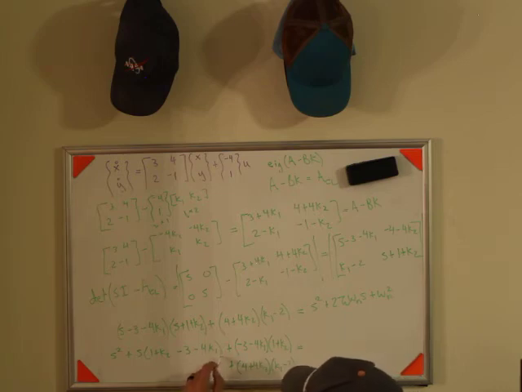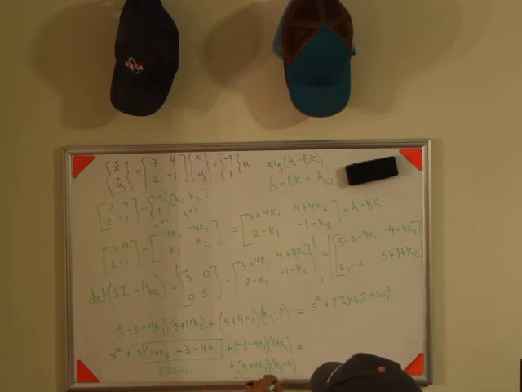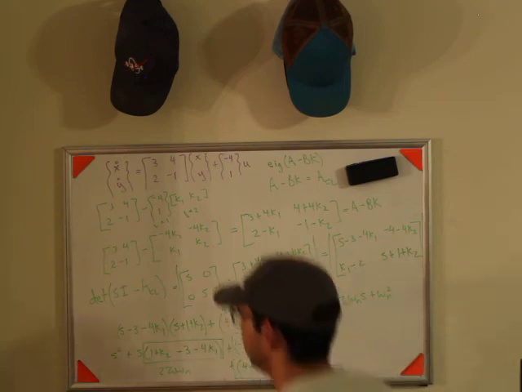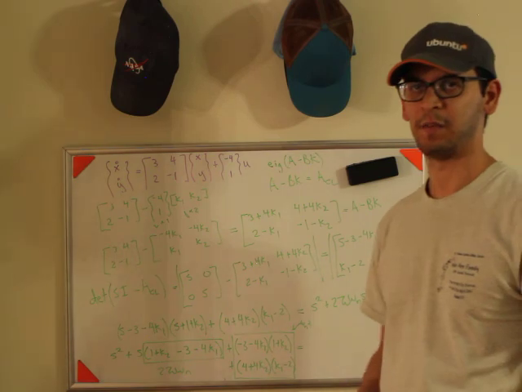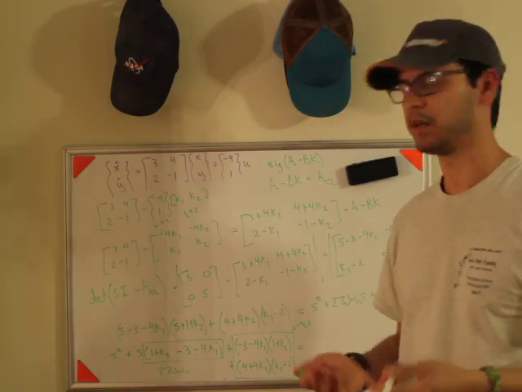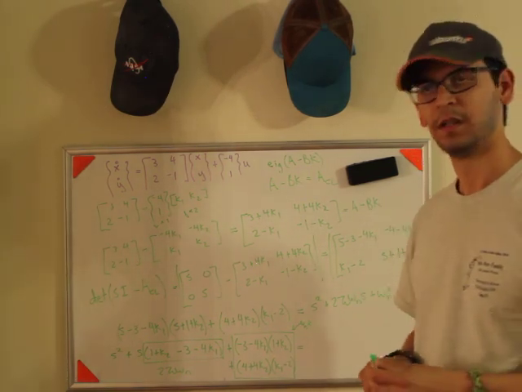Well, guess what? This term here is 2 zeta omega n, and this term here is omega n squared. So you have two equations, two unknowns. You could try and solve that by hand if you wanted to. I personally would just plug it into a computer.